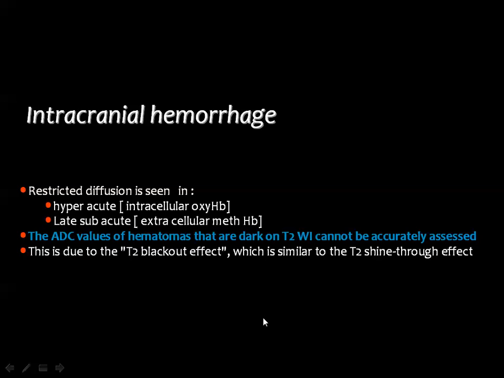Some of the hemorrhages will appear very black or very dark on the T2 weighted image, like, for example, the hyperacute blood, the acute blood and the early subacute blood will appear black on T2 weighted images. And you expect that the T2 shine through will the opposite of it, which is the T2 blackout effect will occur in such hematomas. And you got the hematoma dark in the diffusion weighted images and also dark in the ADC map.